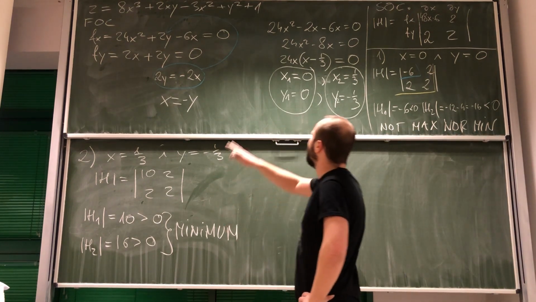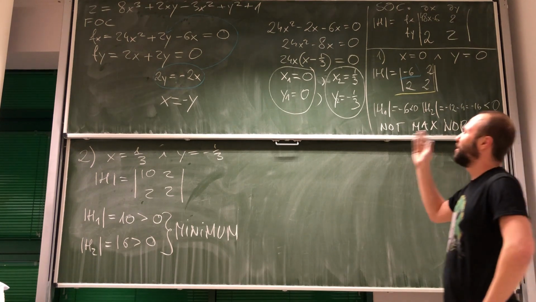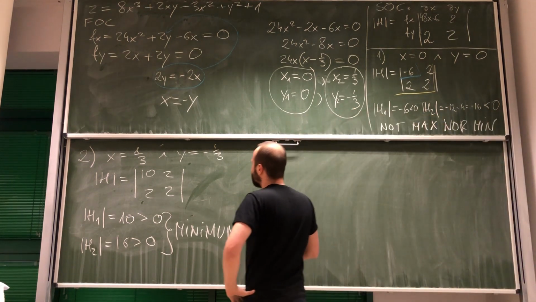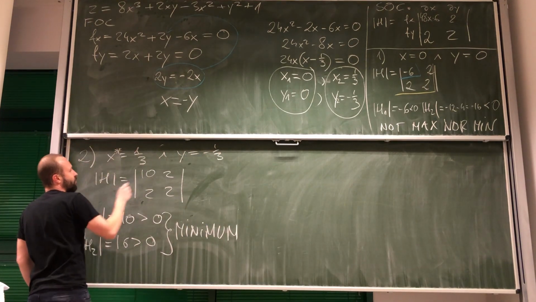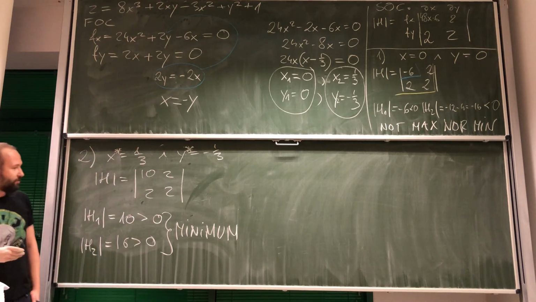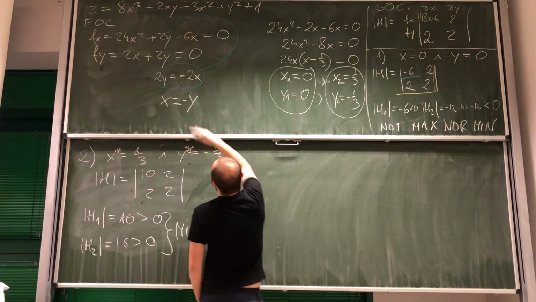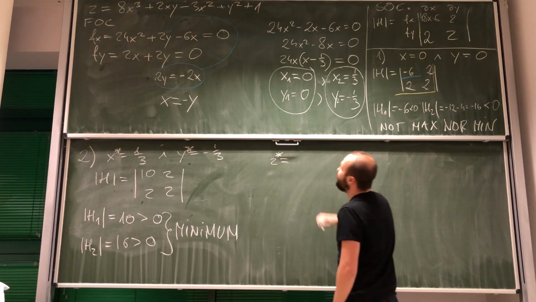Well, I'm not going to do it because there's too much calculation, and actually it's not that important. But remember, in the last step of the exercise, once we found that those 2 points correspond to our minimum, what we should do is take the z function and find the minimum value.